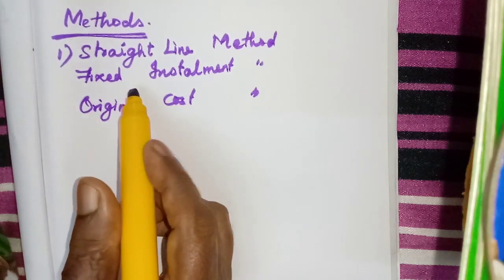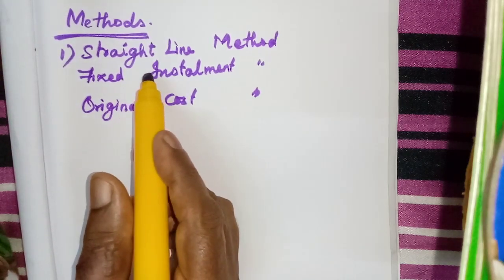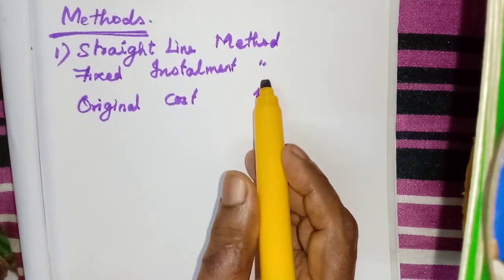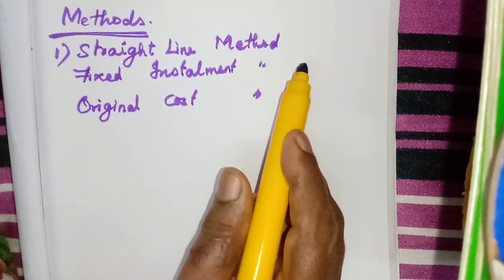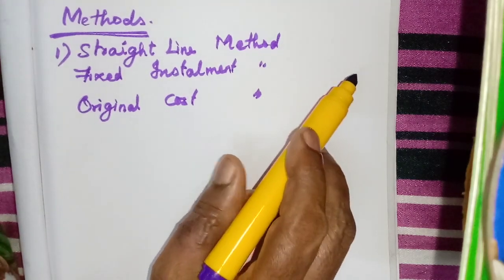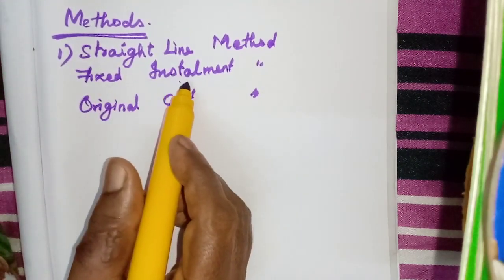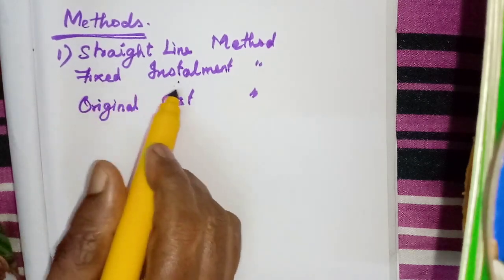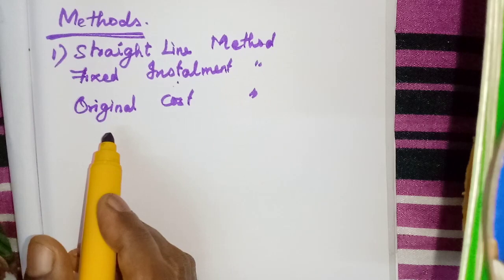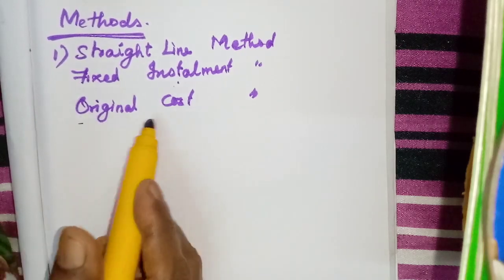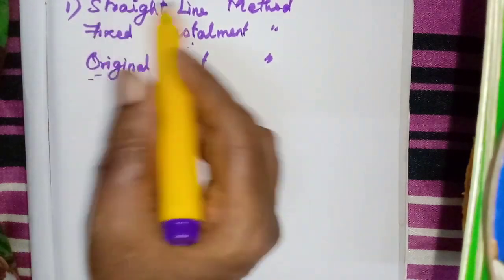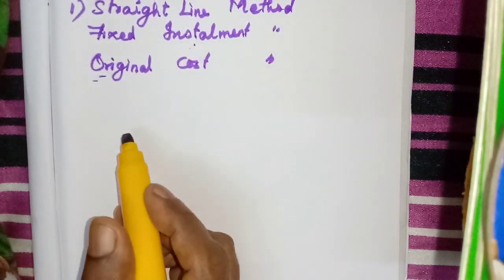We will get one amount. If we draw it in a graph, we will get the same amount of depreciation. That is why it is called fixed installment. Every month, every year we have a fixed amount of depreciation, and we calculate the depreciation on the original cost of the asset. That is why it has got this name: original cost method, straight line method, fixed installment method.